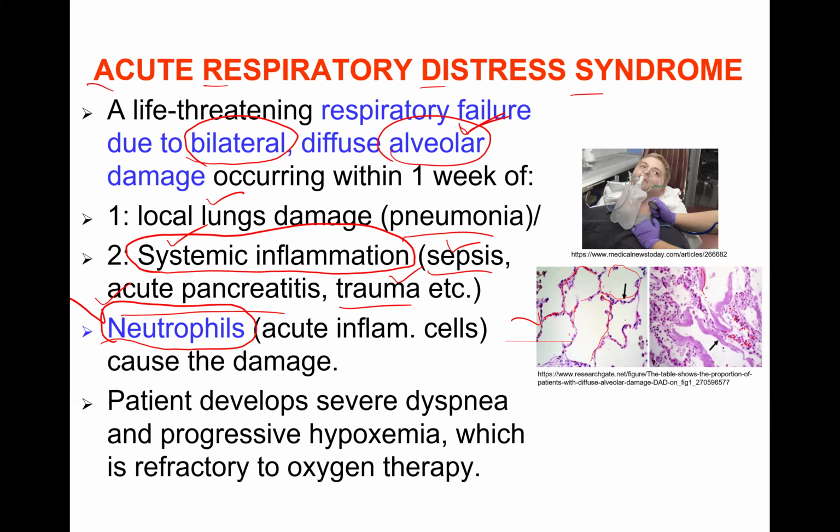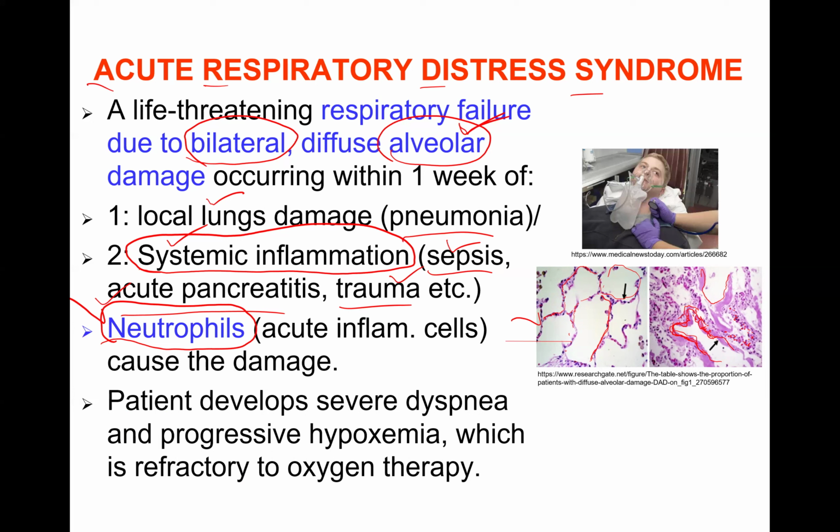And what are these? These are again alveolar sacs, alveoli, which now, instead of the clear linings you see on the left, have eosinophilic linings. What are these? These are nothing but orange, pinkish protein-rich fluid, exudative edema, and the cells which were lining the alveoli, which have now died.